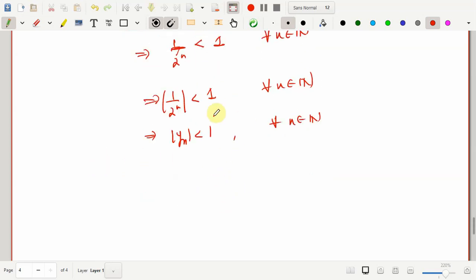So we succeeded in producing a positive real number 1 such that for each natural number the magnitude of the sequence is less than or equal to that bound, and therefore we say that yn is bounded.